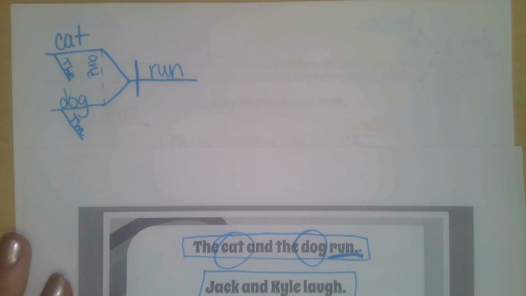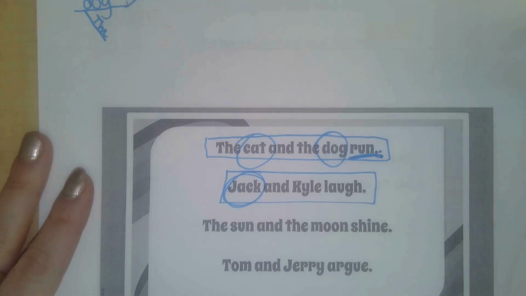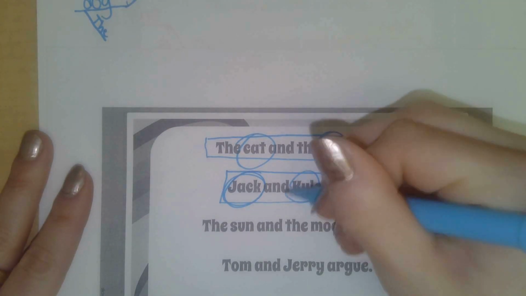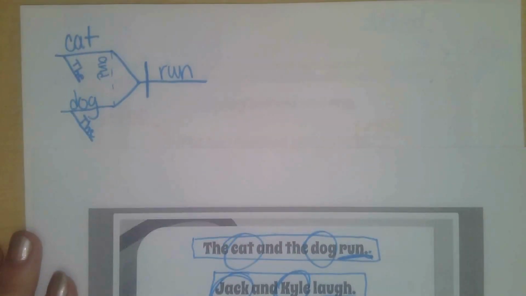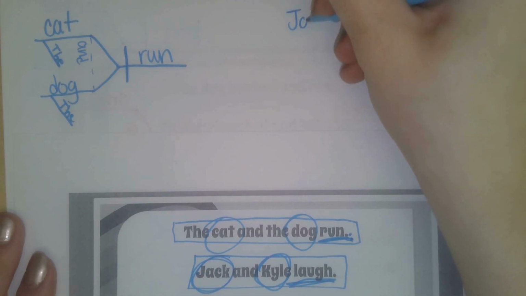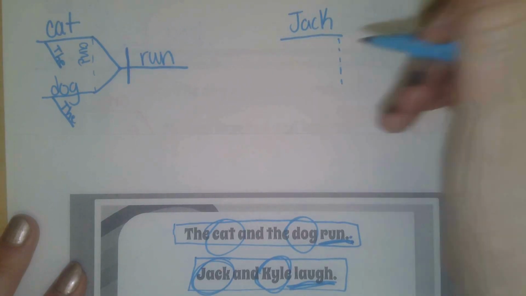Now, Jack and Kyle laugh. Our subjects in this one, we have Jack, who's doing something, Jack's laughing, and Kyle's laughing, but we still only have one verb. So, we're going to start out with our first subject, Jack. Then we have our conjunction, and.